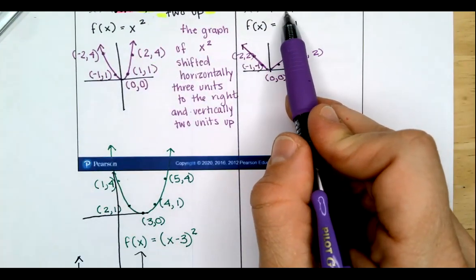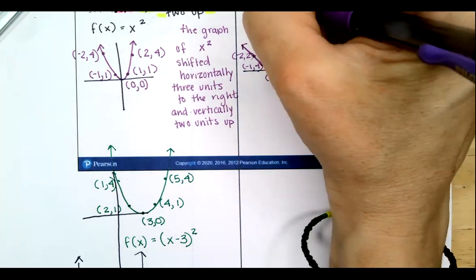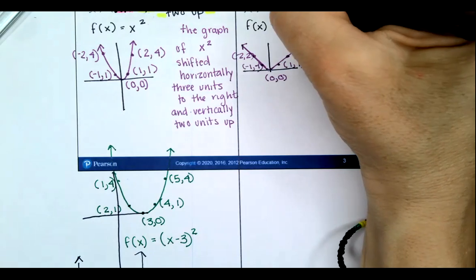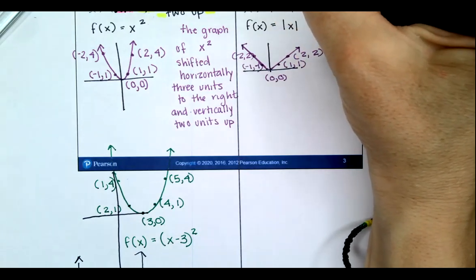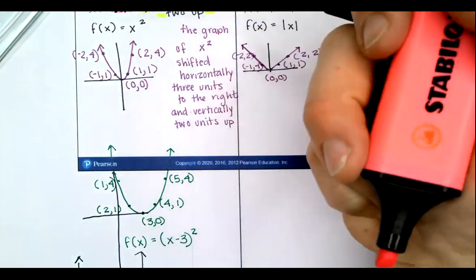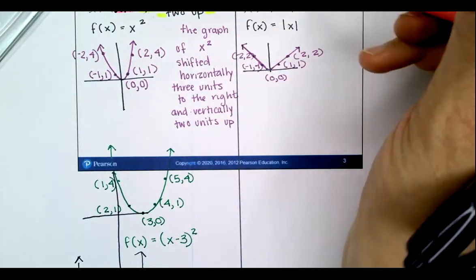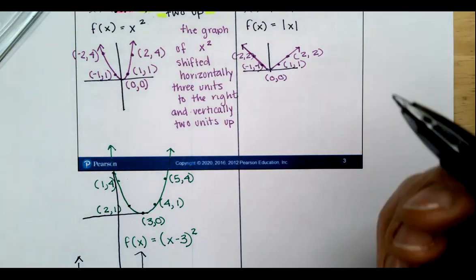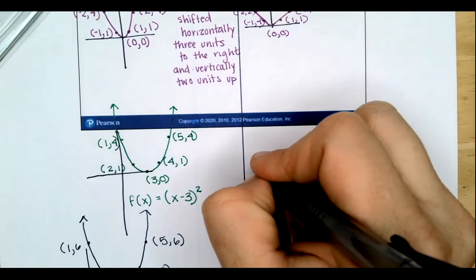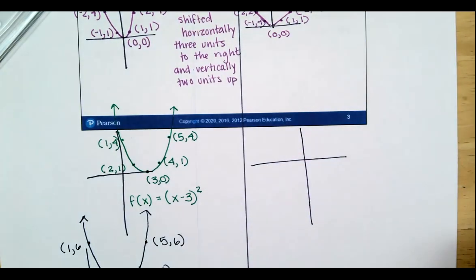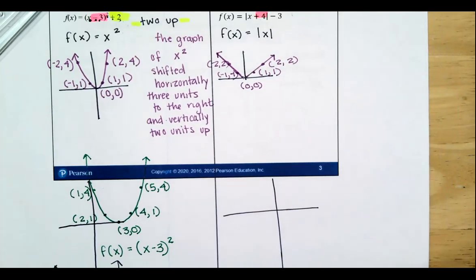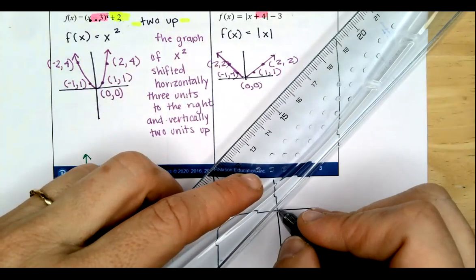My horizontal shift is plus 4, so that means 4 to the left. Move it 4 to the left. And then we're going to go back and move it 3 down instead of 2 up, okay?